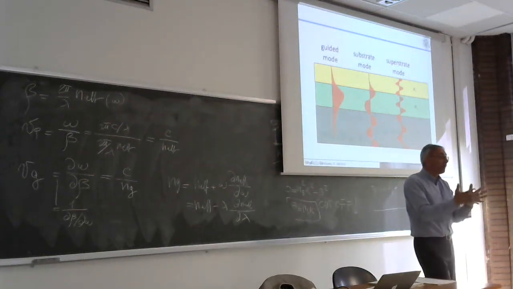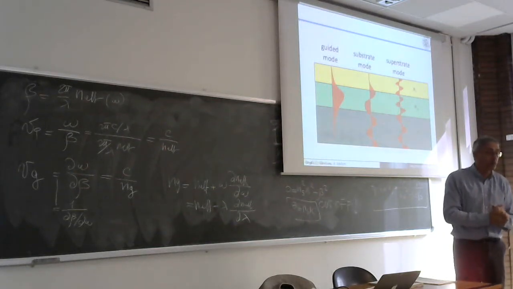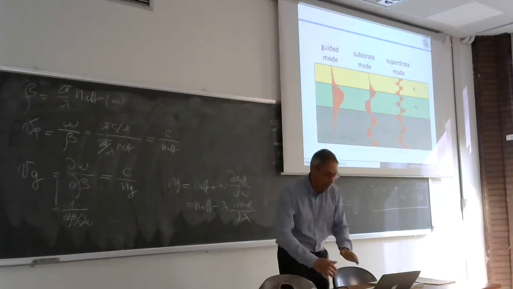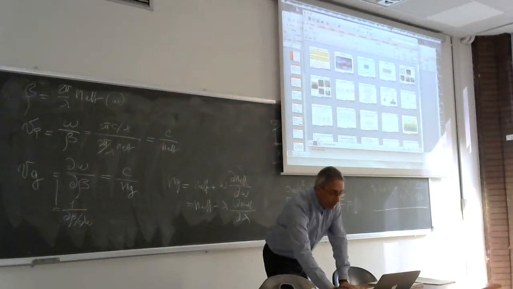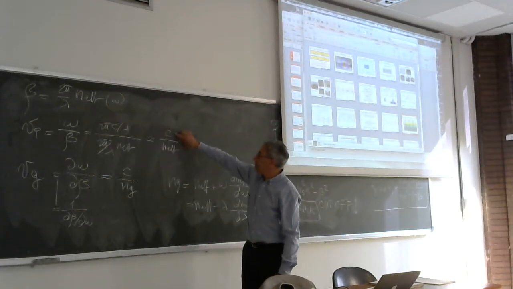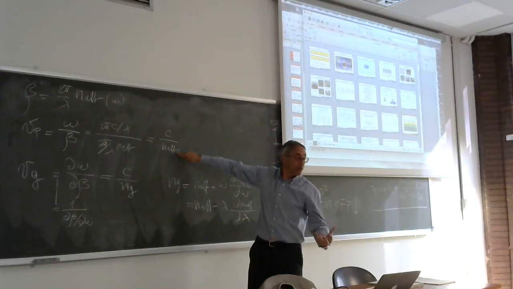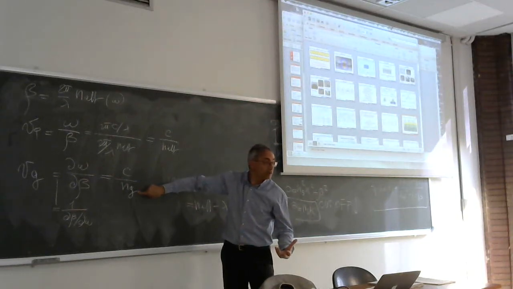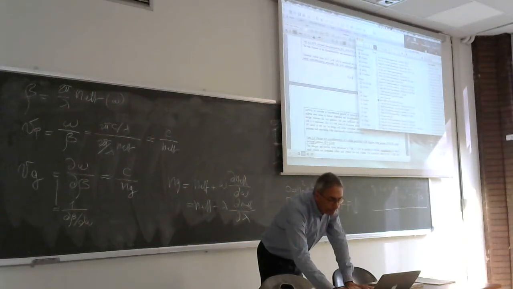So the velocity of the energy, or the velocity of the information, very often people say. The phase moves at the speed c divided by n, while the energy or the information moves at the speed of light divided by ng.